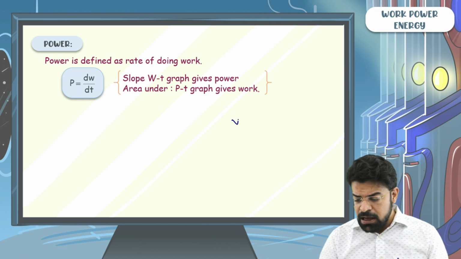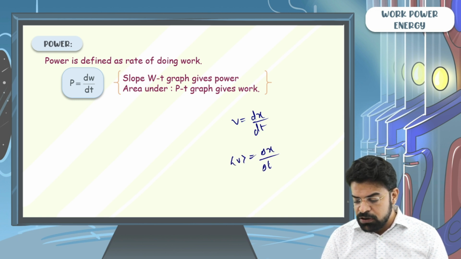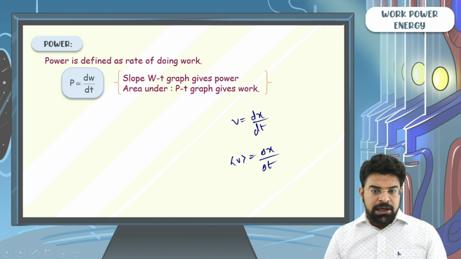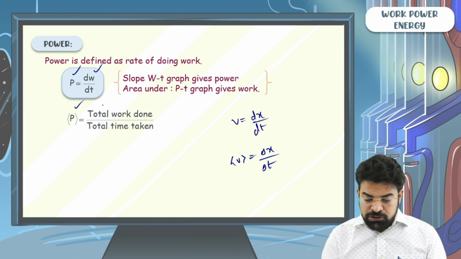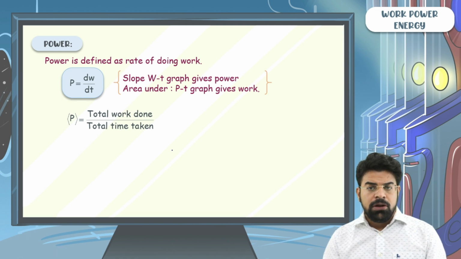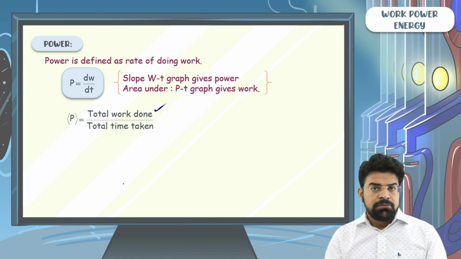Just like after defining instantaneous velocity as dx by dt, we say that the average velocity is total change in position upon total time taken. Similarly, once we know that instantaneous power is dW by dt, we can also say average power delivered equals total work done upon total time taken. What is total work done?